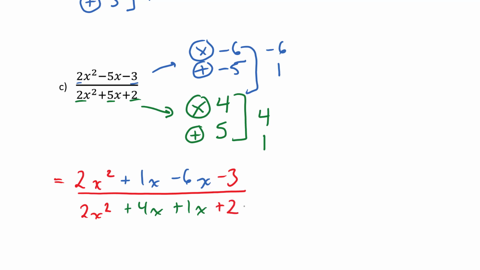So I've tried to color code it to show you where these values are coming from. So we've decomposed the negative 5x into positive 1x and negative 6x. We've decomposed the positive 5x into positive 4x and positive 1x. What do we do now? We group the first two terms and we pull out a common factor in both the top and the bottom.